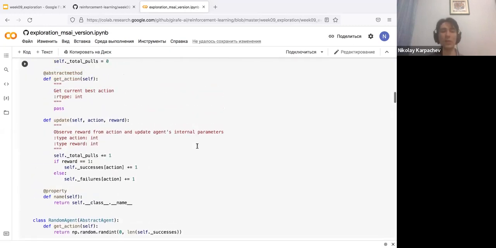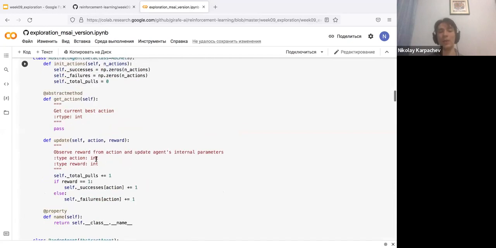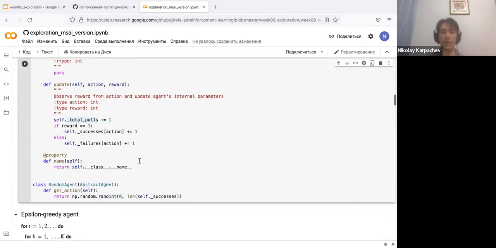Otherwise we iterate over all actions and select the action with the highest rate of successes. The Q value here will be successes divided by successes plus failures for each action. It's simply counters of successful and failed actions for each slot machine.